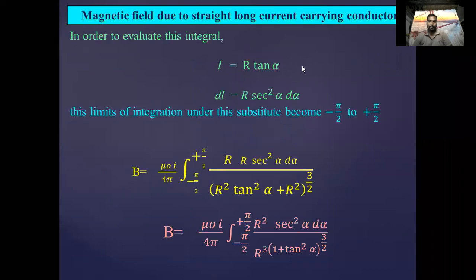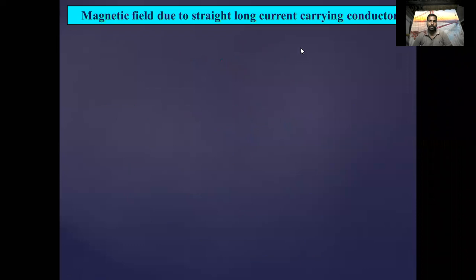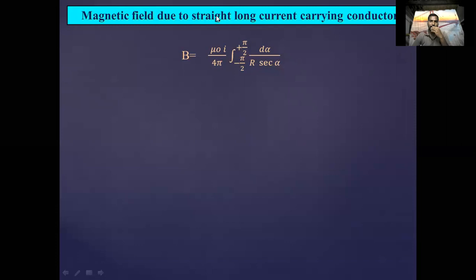Now cos alpha is introduced in place of 1 by secant alpha. The equation becomes B is equal to mu naught I by 4 pi R, integral from minus pi by 2 to plus pi by 2, cos alpha d alpha.